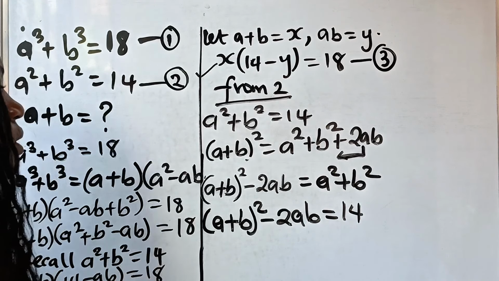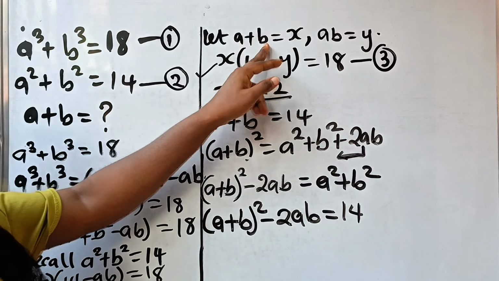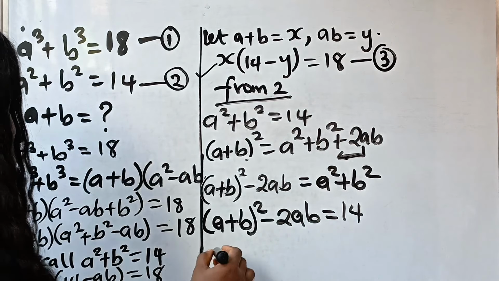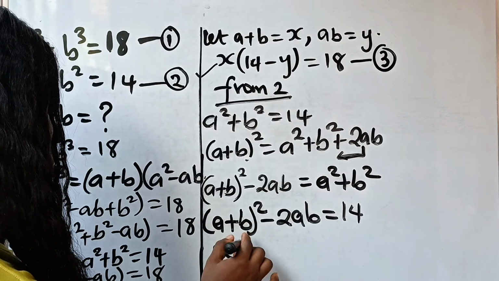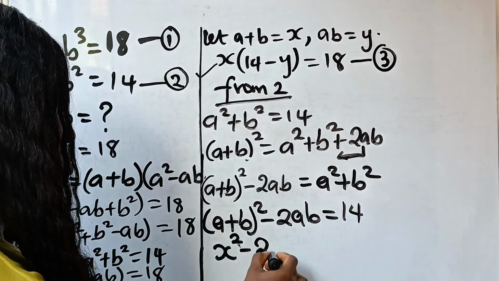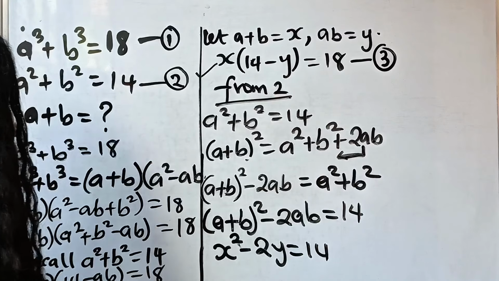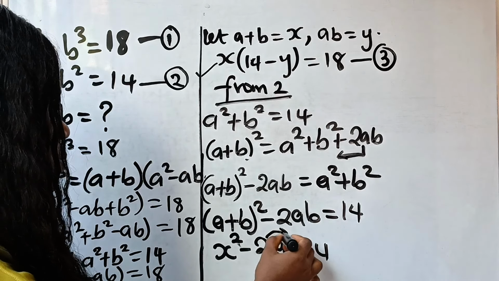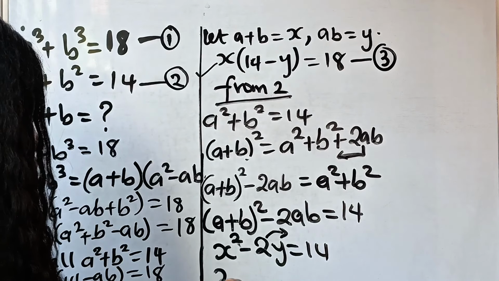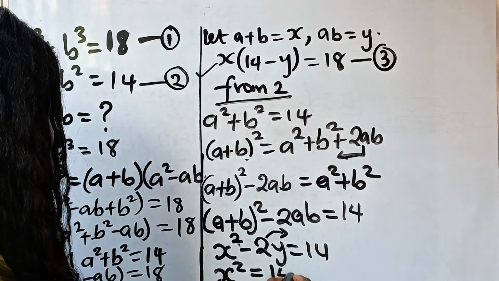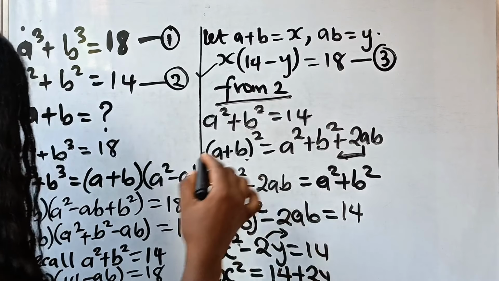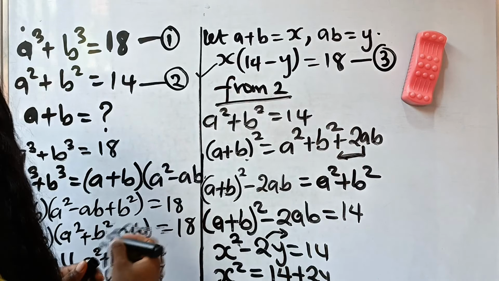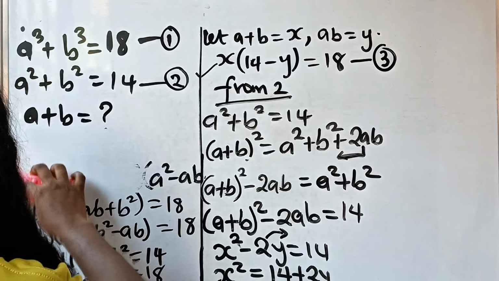Now also remember that a plus b is x and ab is y. So we can write this as x squared minus 2y is equal to 14. Now, if I transfer this to the other side, I will have x squared is equal to 14 plus 2y.